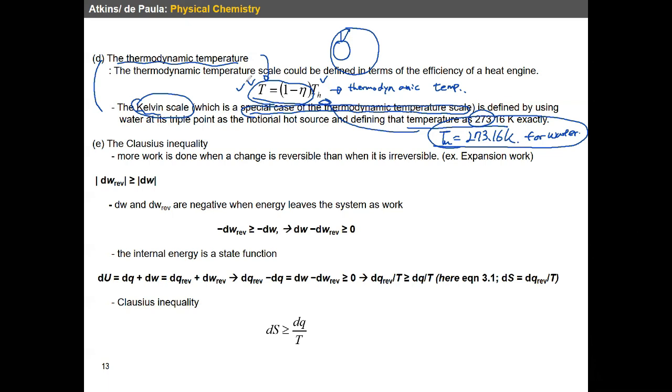And also, one of the last things, it's not the last, I mean, this is the last concept we will talk about through this first part of the entropy system. So there is the Clausius inequality, right? The Clausius inequality says more work is done when a change is reversible than when it is irreversible, right?